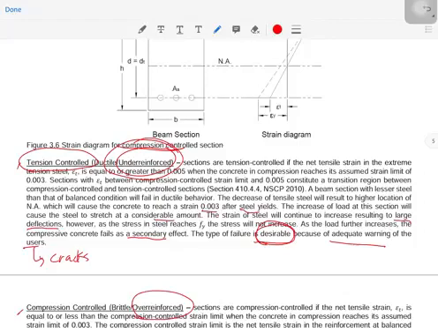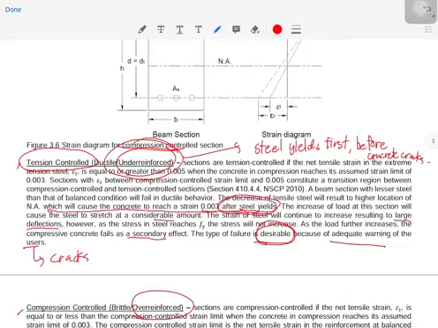Okay, so also in tension control, in simple explanation for tension control, steel yields first before concrete cracks, or that was explained already here, which caused the concrete to reach a strain of 0.003 after steel yields.